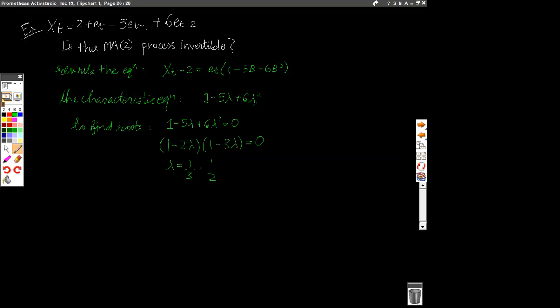If I'm looking at something here, I know that I'm not looking at its inverse. So if we take the inverse of this and figure out a characteristic equation for that, then the roots should be less than 1 in absolute value. But here, because we haven't yet inverted it, we want the roots to be greater than 1 in value. And here we know that these are less than 1. Therefore, this MA2 process is not invertible.